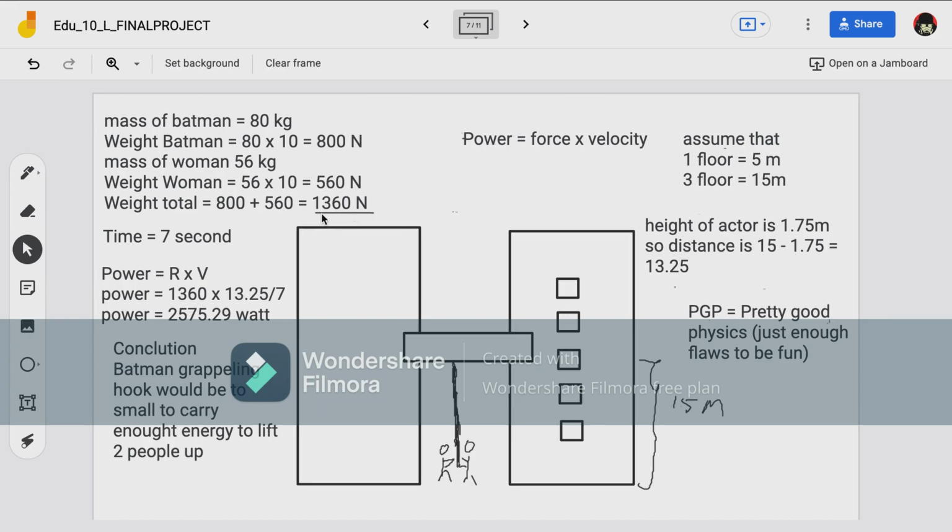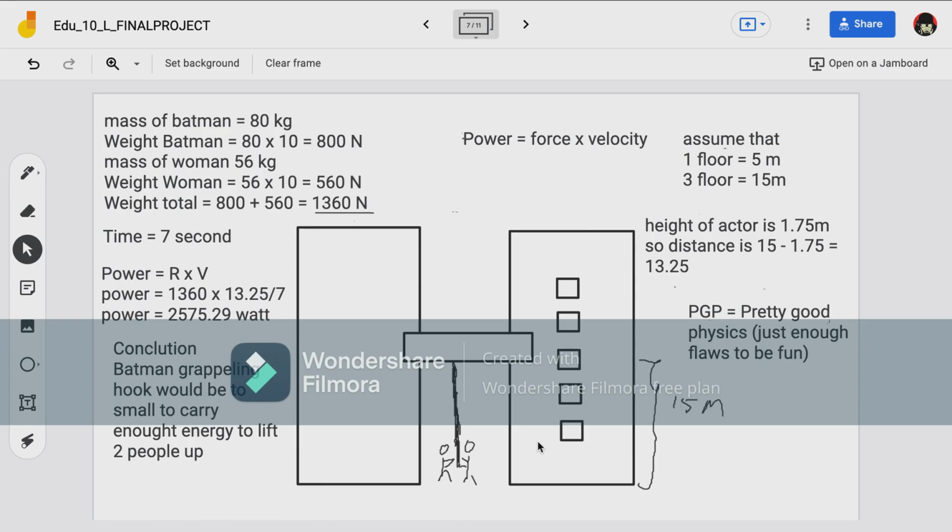After we got this, we need to find the height, so basically the distance. We assume that one floor equals 5 meters, so one of these squares is 5 meters.